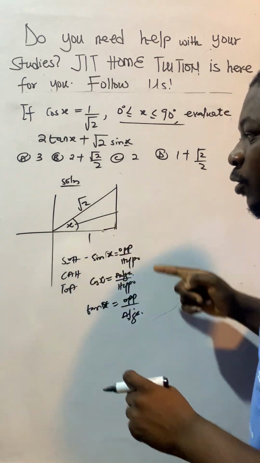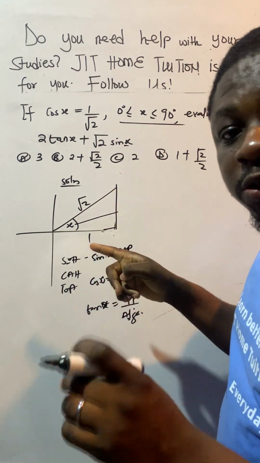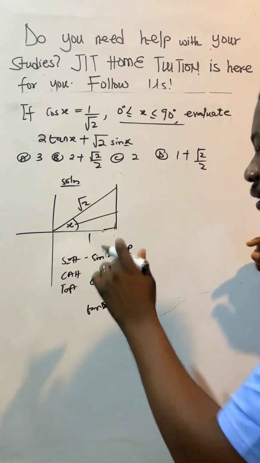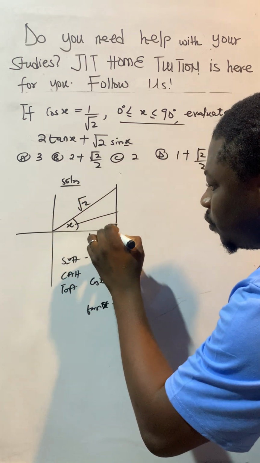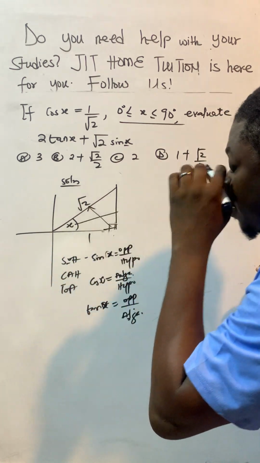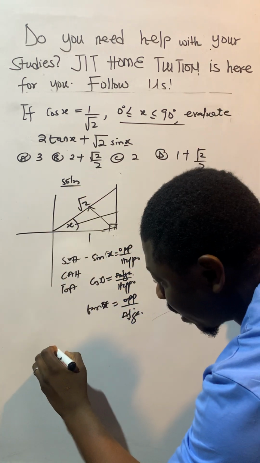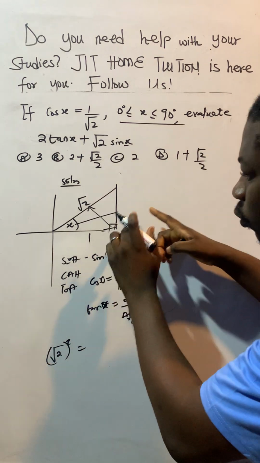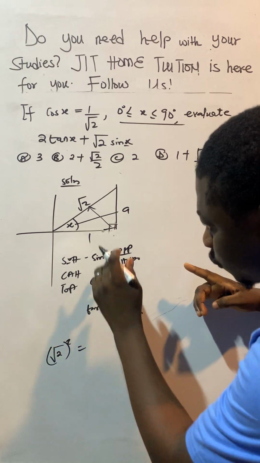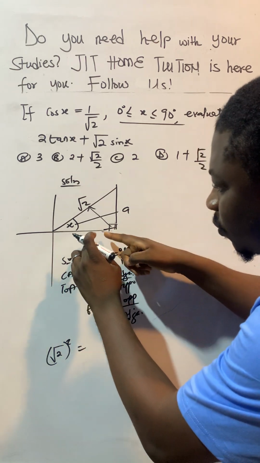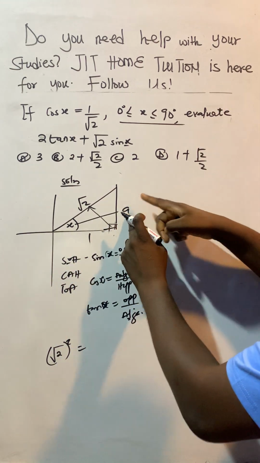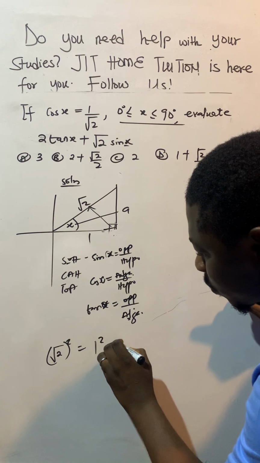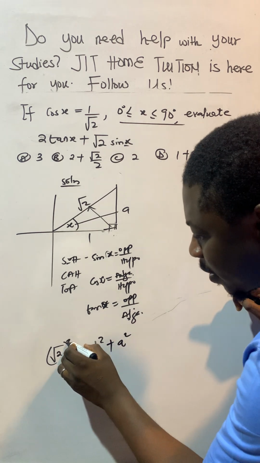To find the opposite, you need to use what we call Pythagoras Theorem. So what it says is that, this side is 90 degrees, this becomes the hypotenuse. The square of the hypotenuse, which in this case is root 2, should be equal to, let's say that this side is A, the summation of the square of this side plus the square of this side. So you have 1 squared plus A squared. Now the square root and the square will cancel.